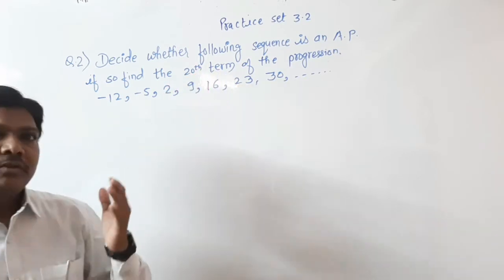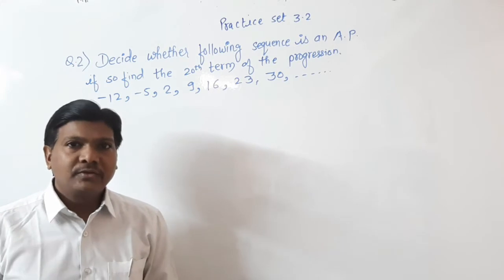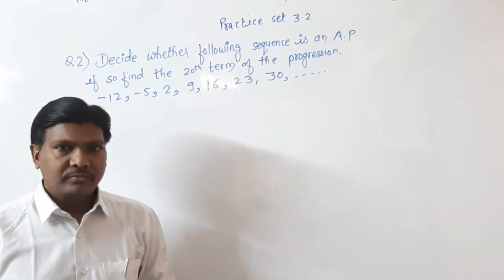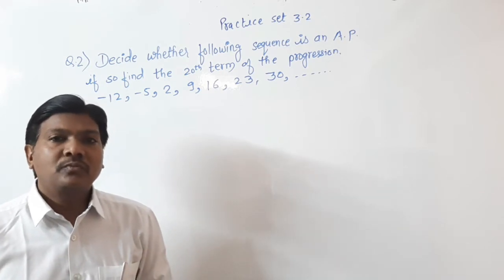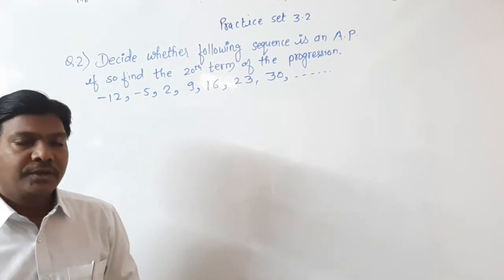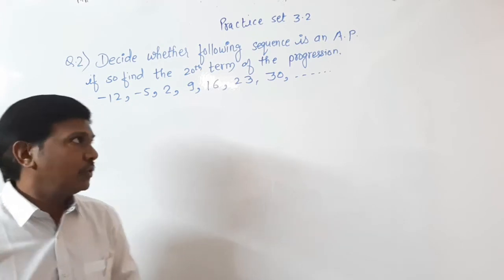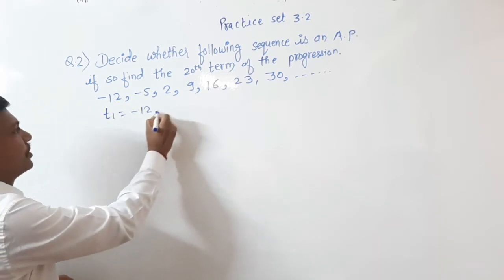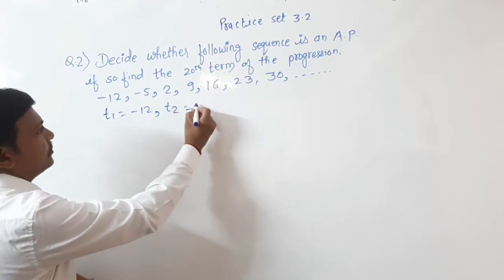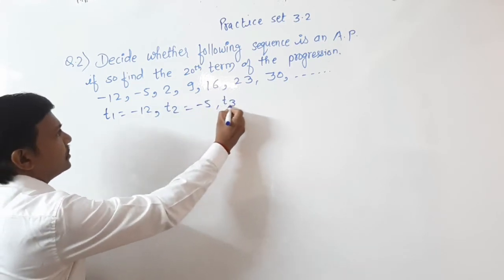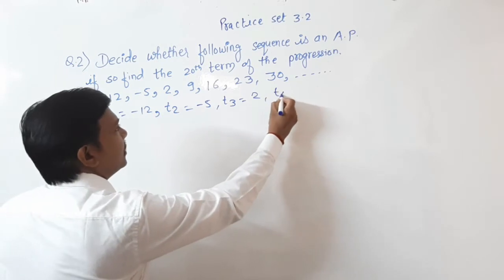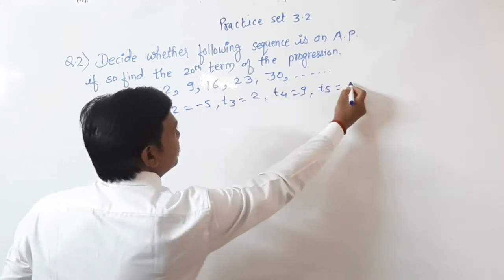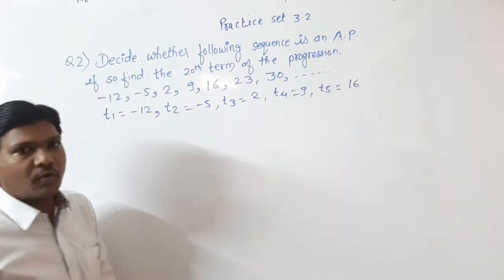So first you should know how to decide whether it is an AP or not. If the difference between two consecutive terms is constant, then we say it is an AP. So here see, first term T1 is minus 12, T2 is minus 5, T3 is 2, T4 is 9, T5 is 16 and so on.